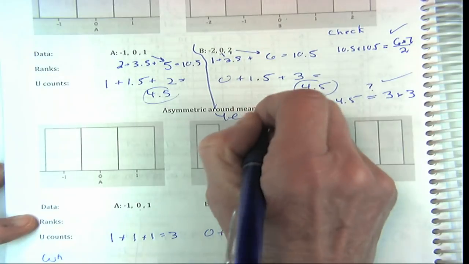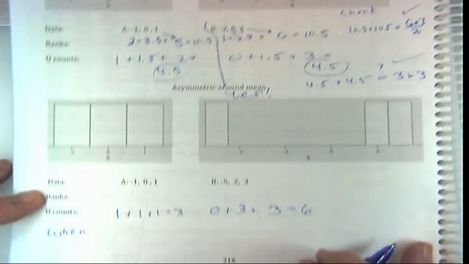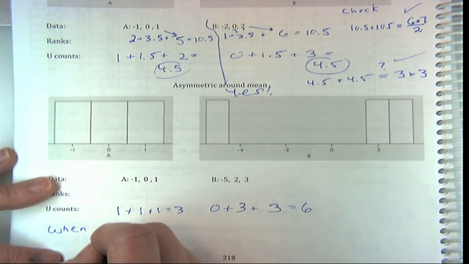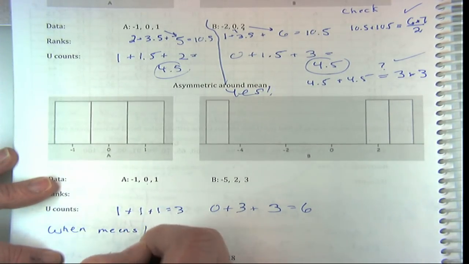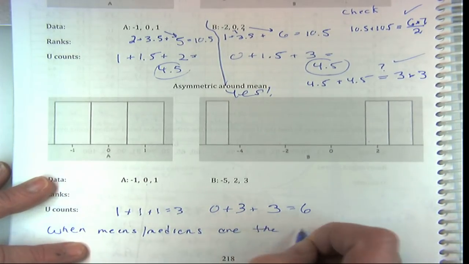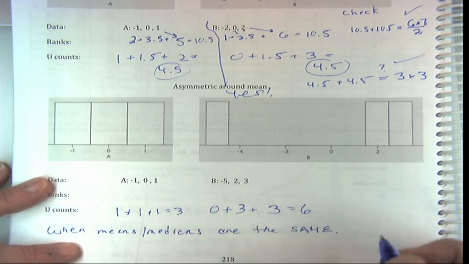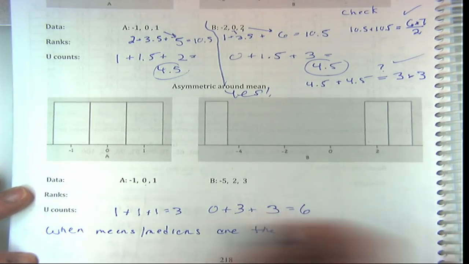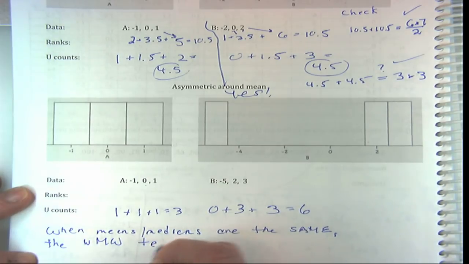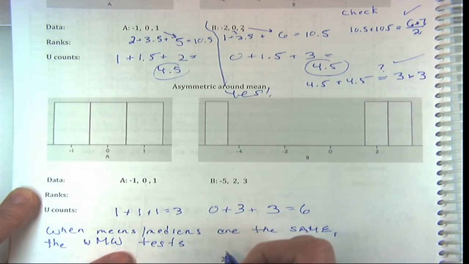So this is yes. So the lesson is, in general, that when means and medians are the same, either one or both of them, in the two groups, these tests will miss distributions that are different when they're symmetric around the mean.